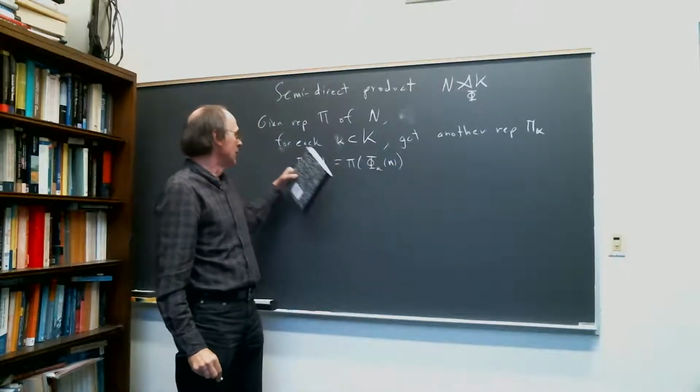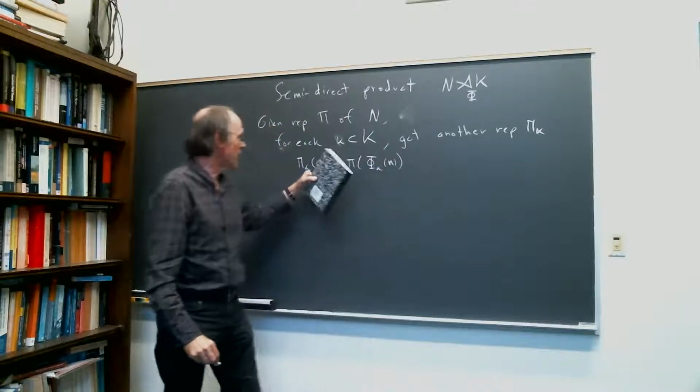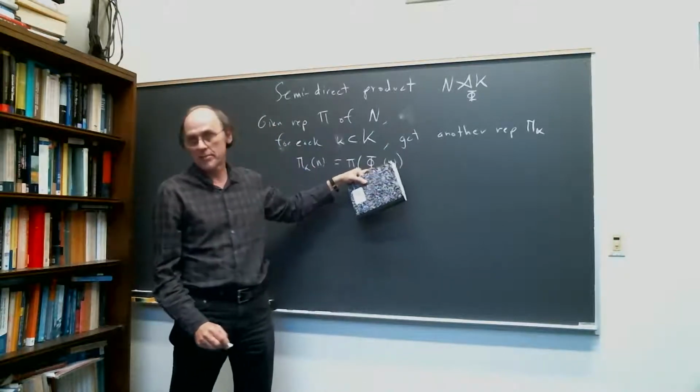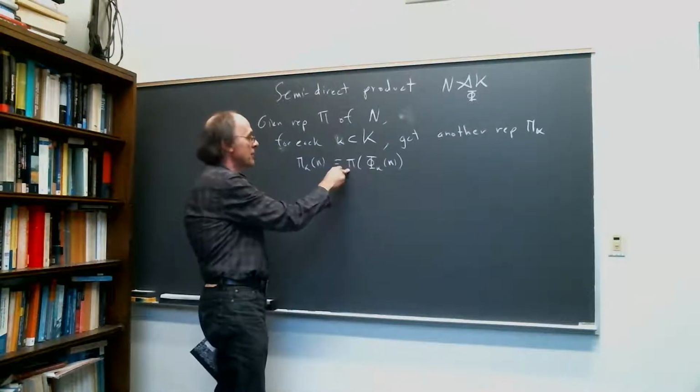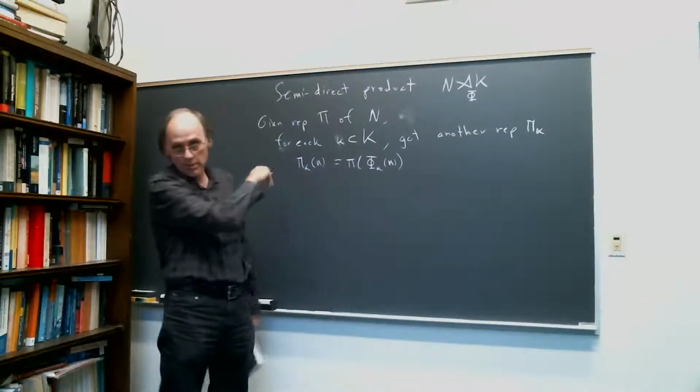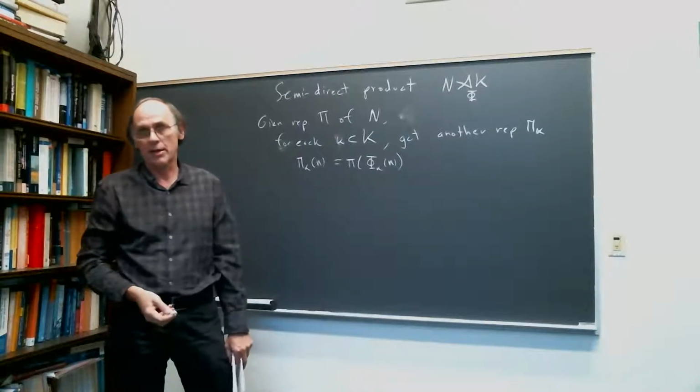You take your original pi, but instead of applying it to n, you let the automorphism act on n first, and then apply pi. You can check that because this is an automorphism, it's a homomorphism, and so you have another representation.